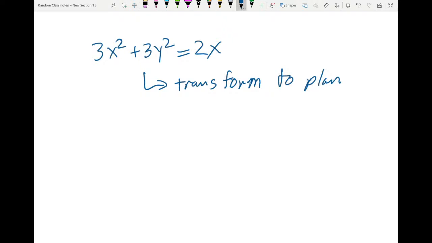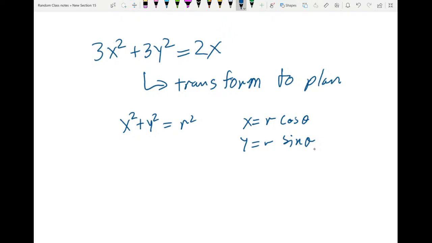So one of the ways to do polar, we know x squared plus y squared equals r squared, and we know x equals r cosine theta, y equals r sine theta.